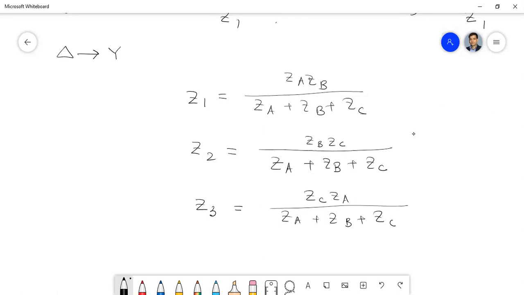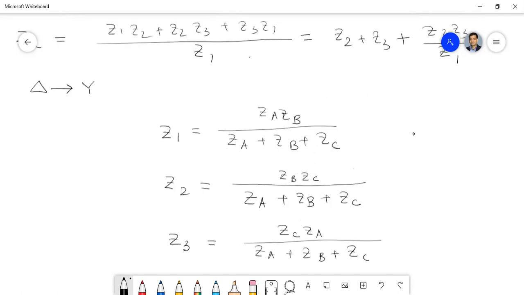Okay. From there, you just try to solve these problems. For star delta and delta star conversions, I am giving the formulas, and I am not discussing any numerical problems. In that problem sheet, you will get some problems on this, and you try to solve them. If you have any problem in any class, you can ask me.